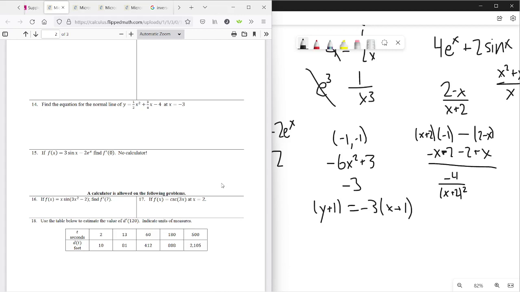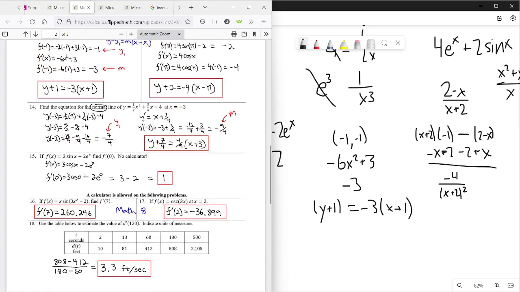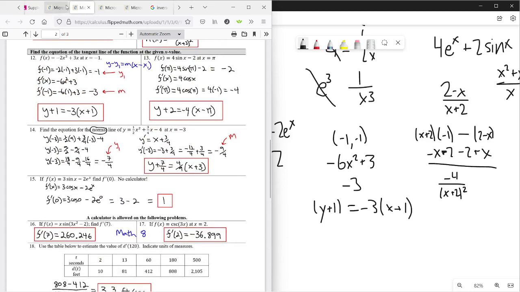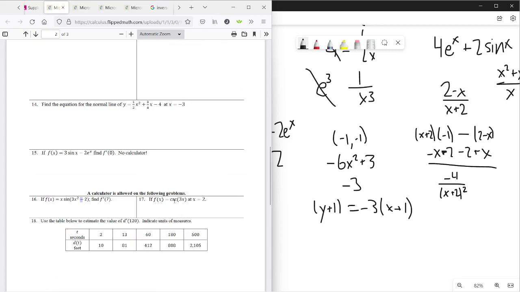With chain rule, it's possible to do either of these without your calculator, or maybe it's difficult to solve, but you don't need to use the derivative function. I can't share my calculator right now, but for this one I actually got, let's see if that's actually, yeah, it is 260.246. I thought that was a little high.